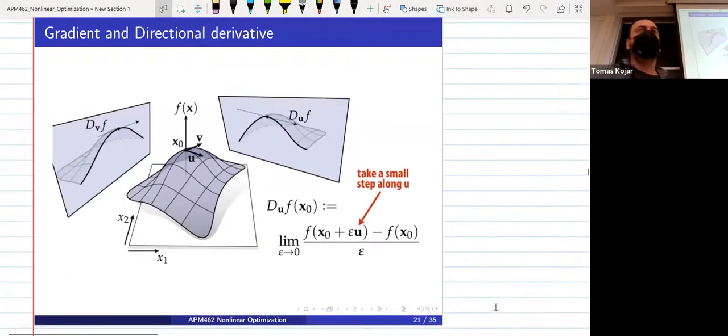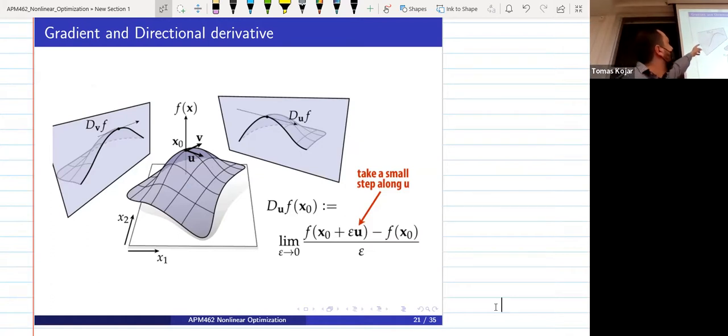Yeah, so there are some nice pictures when you do that. Suppose this bump is your function, and you ask to find the rate of change along v or along u. One way to visualize it is you take a slice in the direction of the vector.